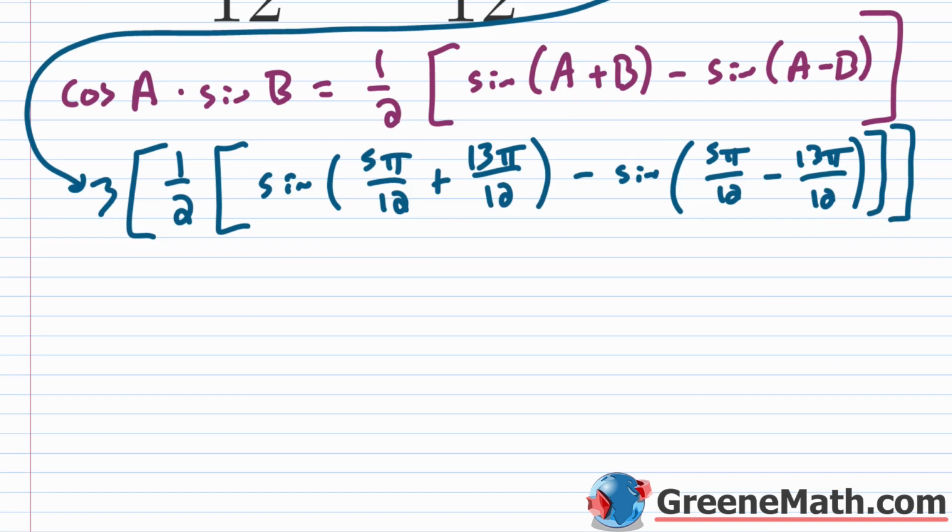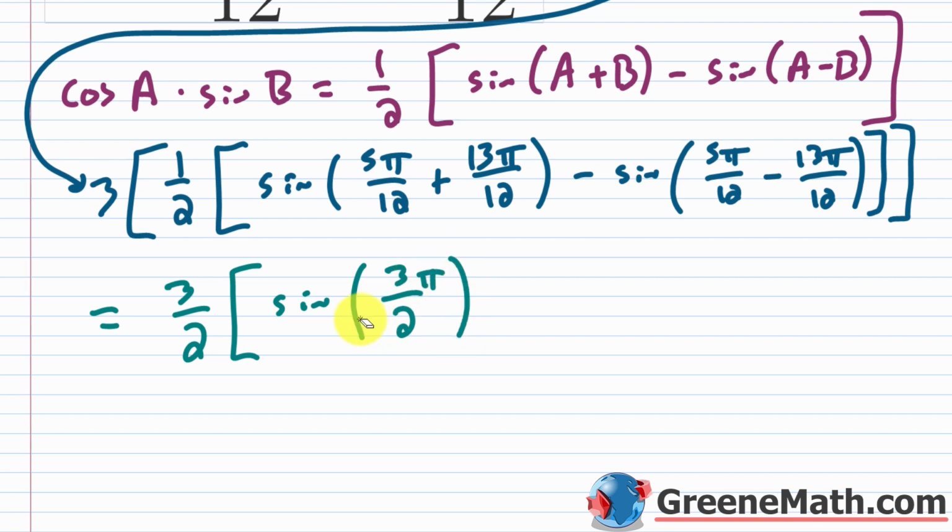And so what we'll do from here is say this is 3 times 1/2, which is 3/2. Put my brackets in there. So this would be the sine of 5 plus 13 is 18, and 18 over 12, each is divisible by 6. 18 divided by 6 is 3, and 12 divided by 6 is 2. So this is 3 pi over 2.